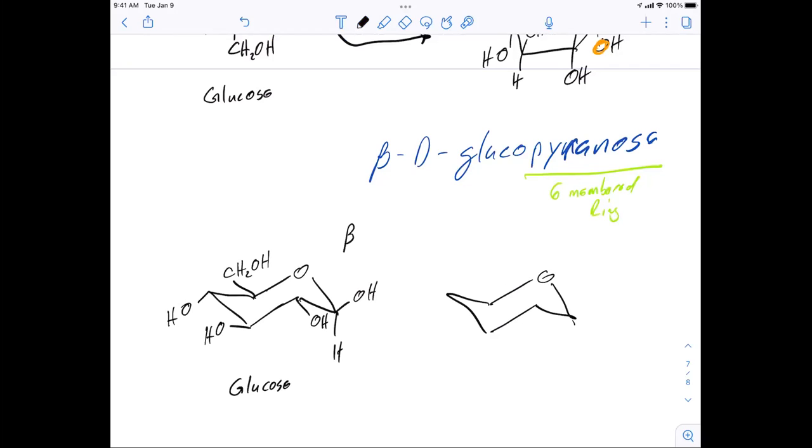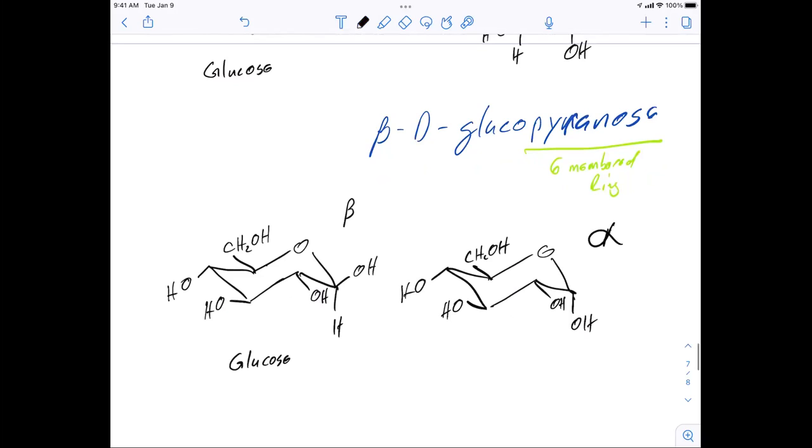And then over here, we have our OH going down, this OH, that OH, this OH, CH2OH there. Okay, and this is my alpha. So that's my alpha-D-glucose, or alpha-D-glucopyranose.